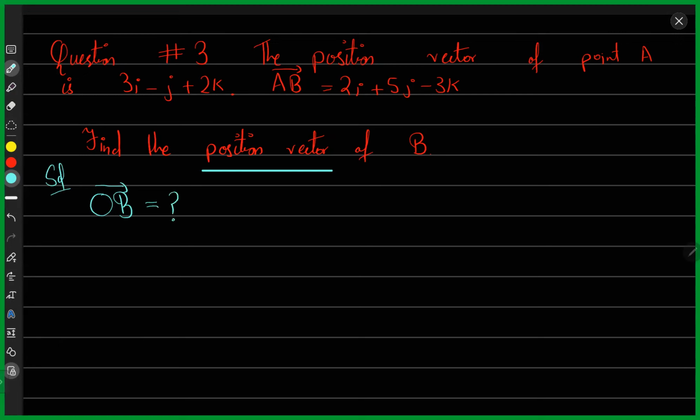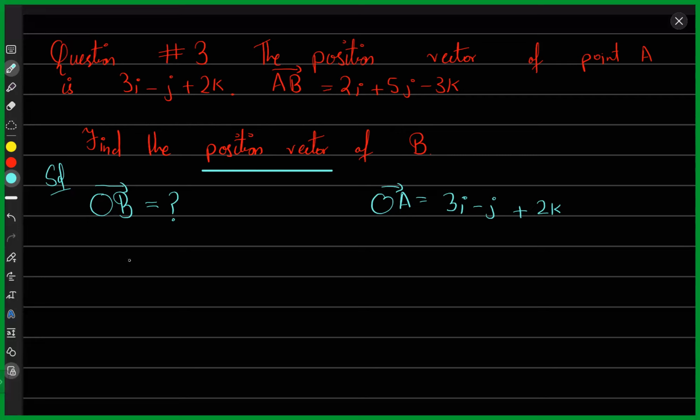How do we find out OB? Now you've been told that the position vector of point A is given. So this means that OA is equal to 3i minus j plus 2k. This is OA, and you need to find out OB.